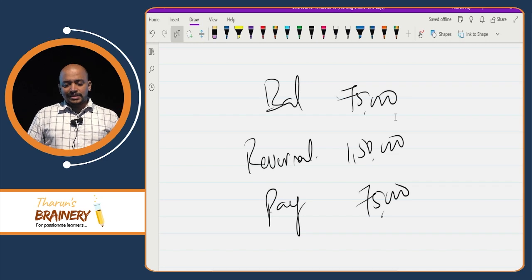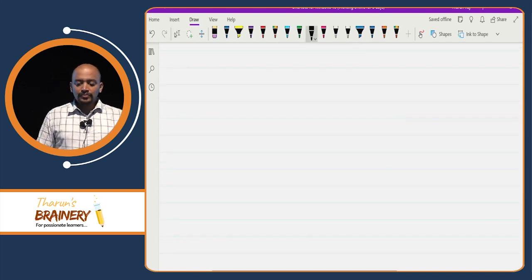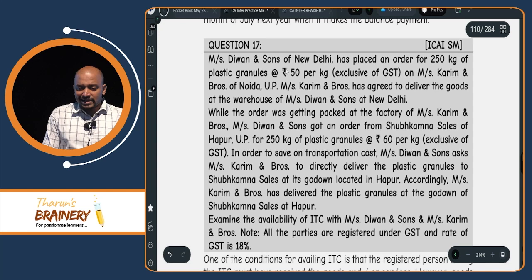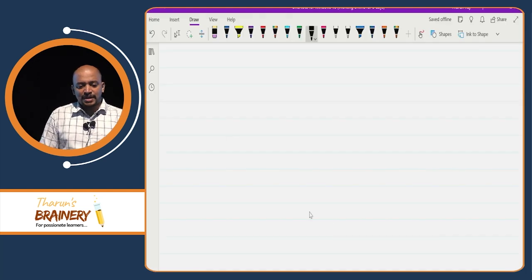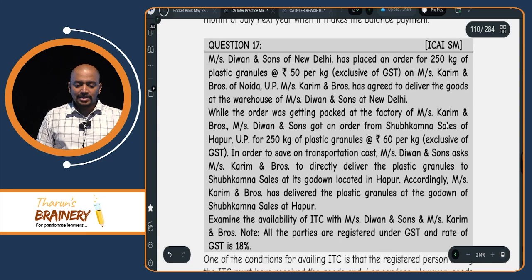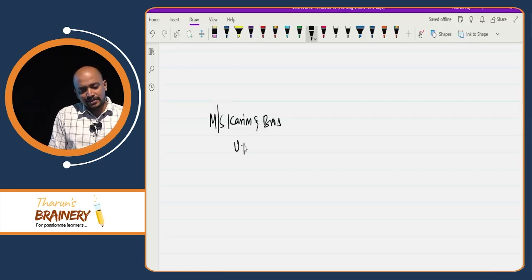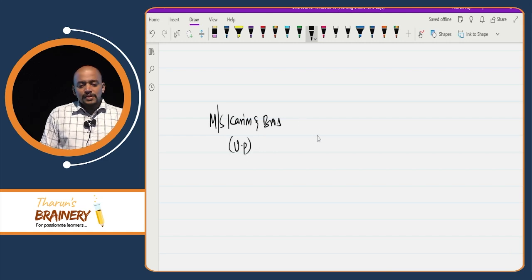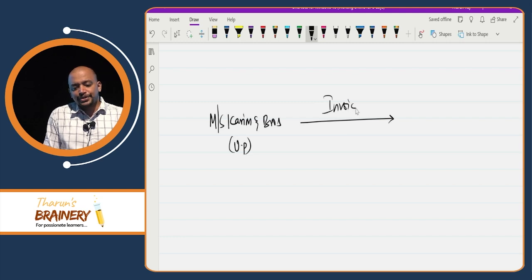Now, first, Diwan and Sons has placed an order with Karim and Brothers. So where are Karim and Brothers located? Which state? Noida, Uttar Pradesh. Now, they are raising invoice to Messrs. Diwan and Sons.